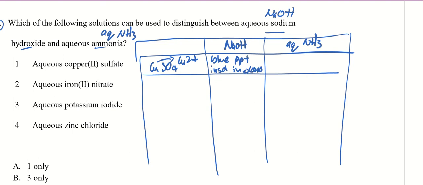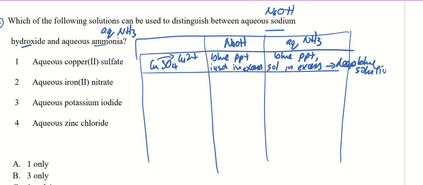And in aqueous ammonia, we will get a blue precipitate, but this blue precipitate will be soluble, or it will dissolve in excess, to give a deep blue solution. Okay, so we can actually differentiate between sodium hydroxide and aqueous ammonia if we use copper 2 sulfate, because we get different observations in sodium hydroxide and aqueous ammonia respectively.